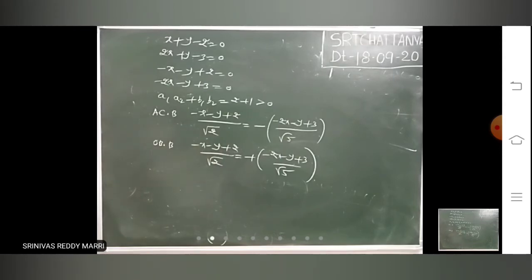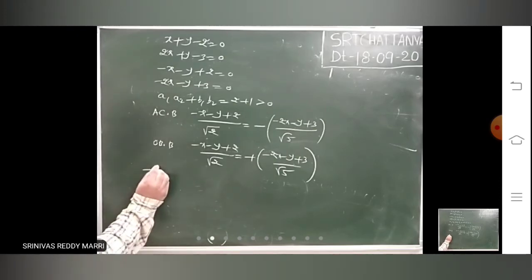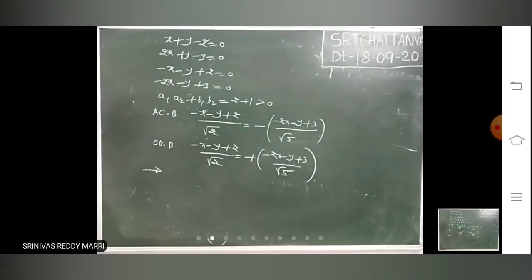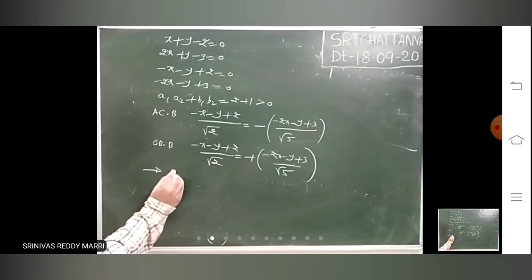Okay. Next. So this is how to find the acute angle bisector and obtuse angle bisector.